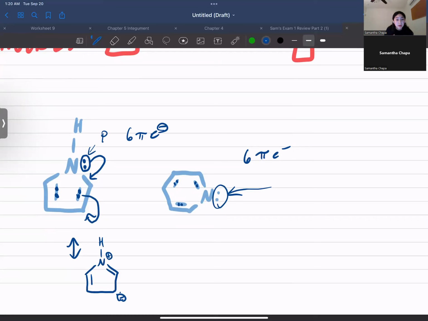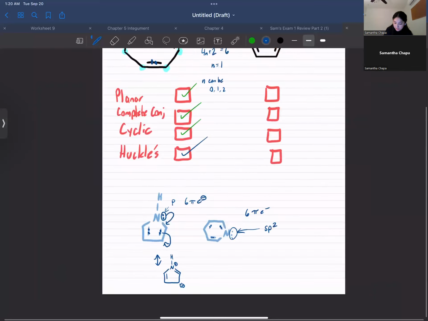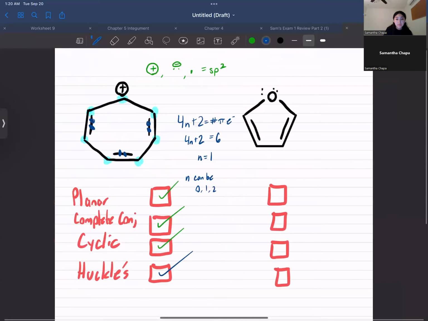The one on my left, pyrrole, has its lone pair in the p orbital. Whereas in the one on the right, pyridine, the lone pair is in the sp2 orbital, because this double bond is already taking over the pi electrons. Okay, so then we look back here.